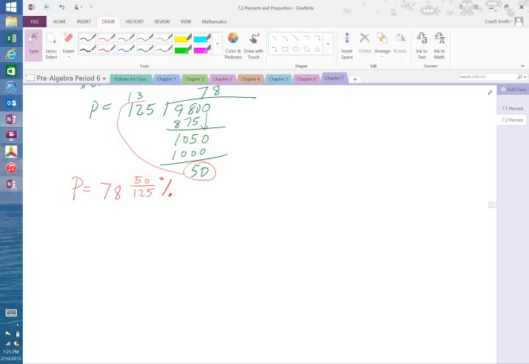What does it reduce by? 25. 25 goes into 50 twice, and 25 into 125 goes 5 times. So 78 and 2/5 percent. And that would be your answer to that one.